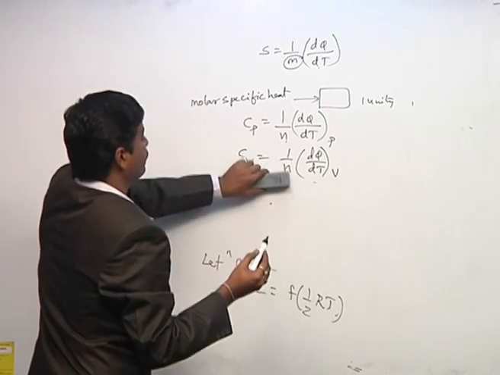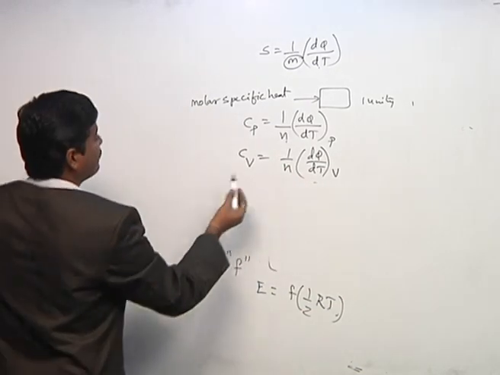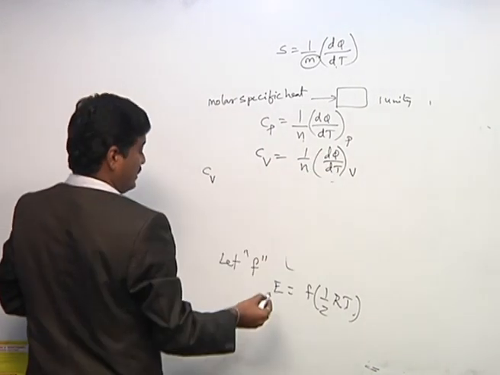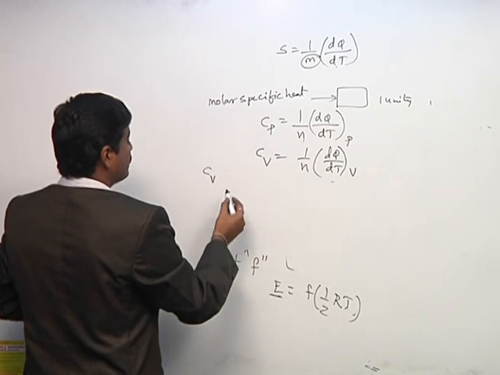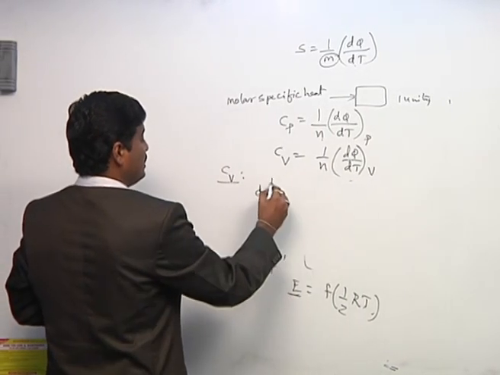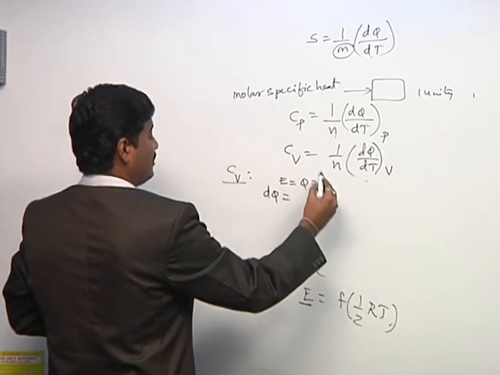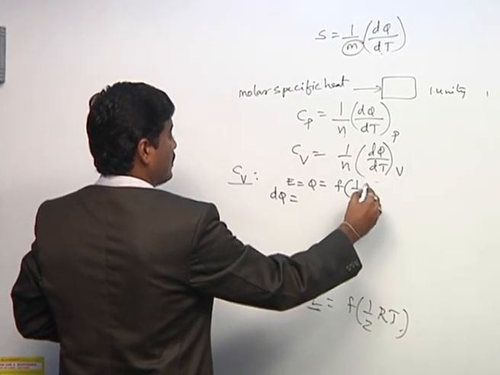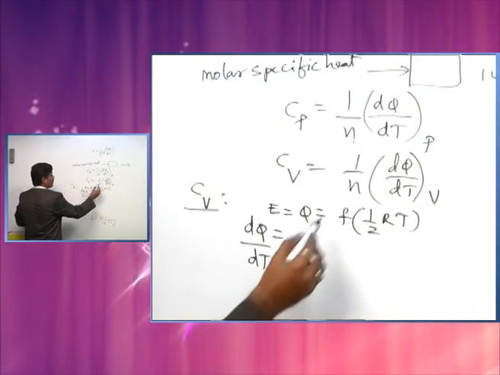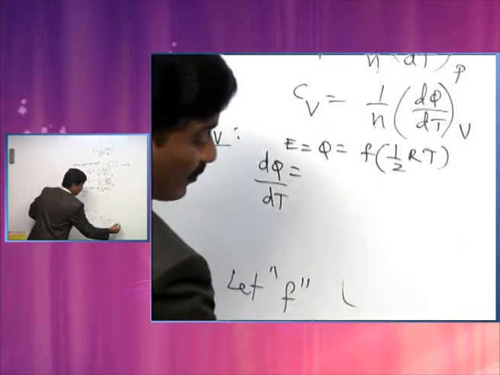If you are writing this Cp or Cv here, first we take Cv equal to 1 by n dq by dt here. This is the energy. So dq is equal to the energy E. This can be equal to F into 1 by 2 RT. Whereas I am taking dq by dt per 1 mole.